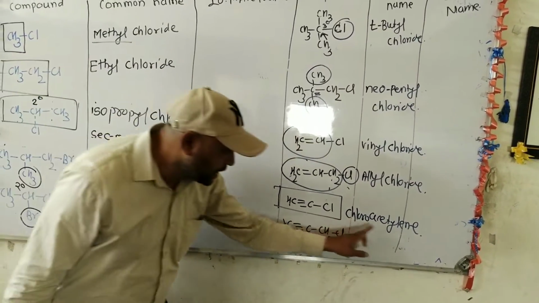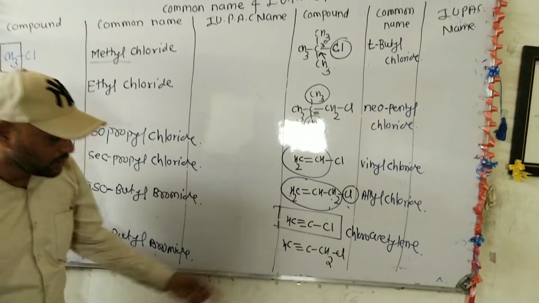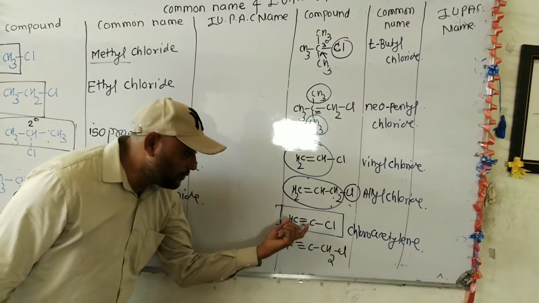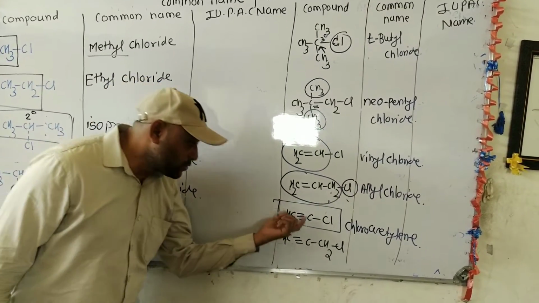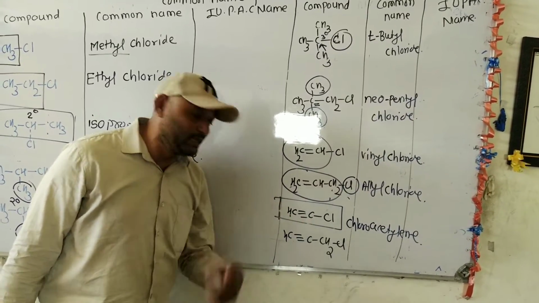So chloroacetylene is the common name of this haloalkyne, chloroacetylene. Why do we call it acetylene? Because a two carbon alkyne in common name is called acetylene.